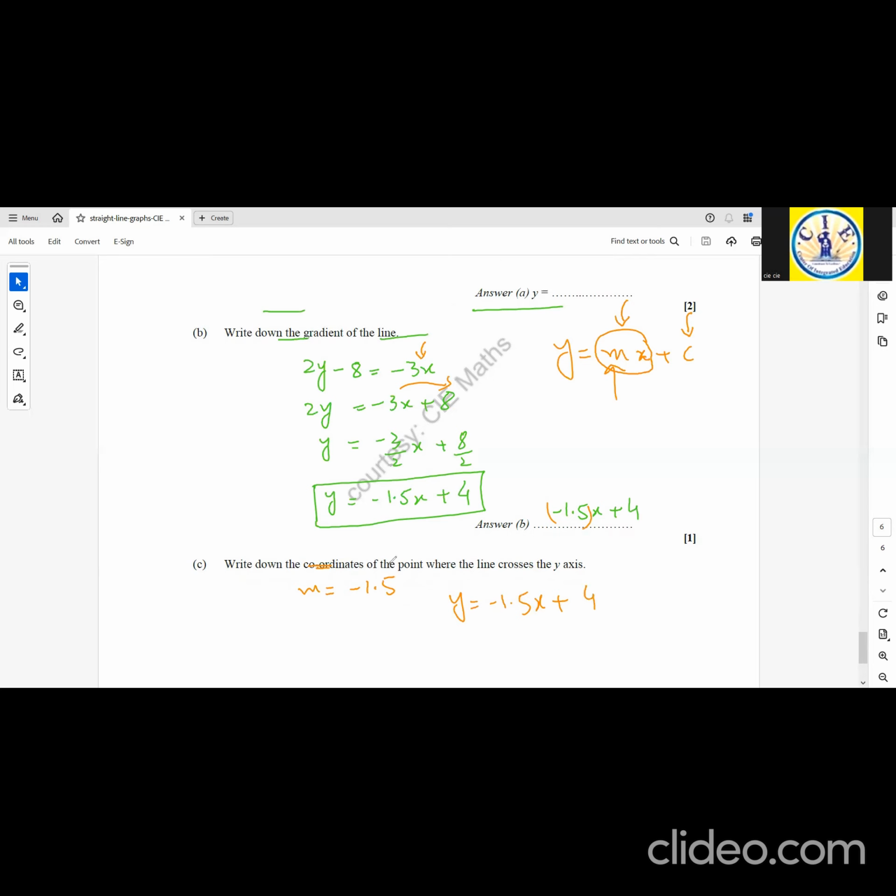So I need to have the coordinates of the point where the line crosses the y-axis. That means we need to find its y-intercept, which is 4. And when we need to give it in the form of a point, the y-intercept c is 4, and the point on the y-axis is going to be x is 0 and y is 4, that is (0, 4).